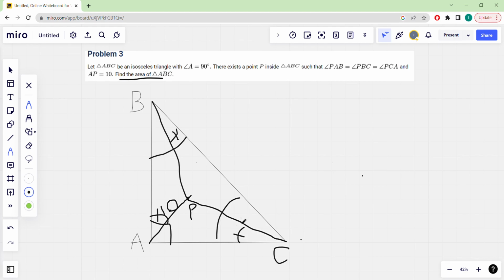And if we call this angle Y, then this is going to be 45 minus Y. And this angle will also be 45 minus Y, but we'll just denote that with this marking. Then since this angle is also Y right here, then this angle A, the whole thing is 90 degrees, this will be 90 minus Y.